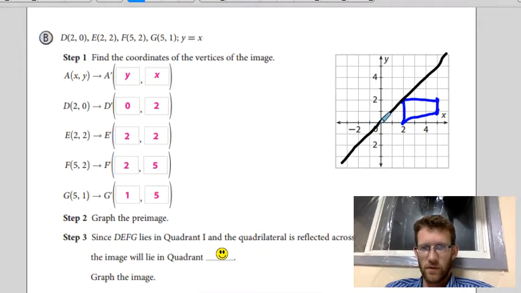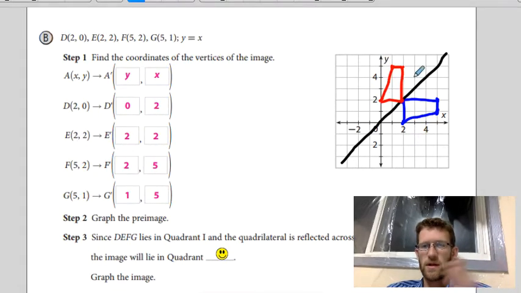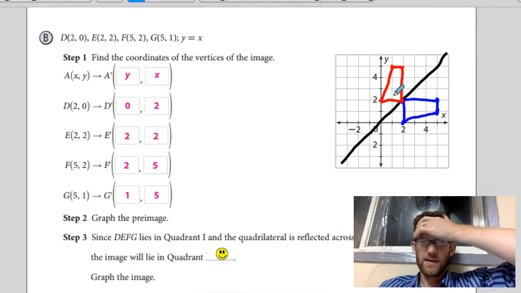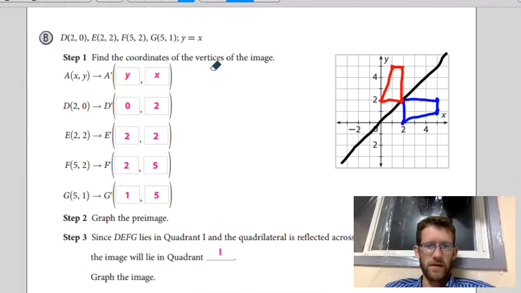And I should have gotten the points (0, 2), (2, 2), (2, 5), (1, 5). So it should look something like that. Make sure, as a general habit, you should label your points. I got a little lazy there for the interest of time. Okay, and that's quadrant 1.